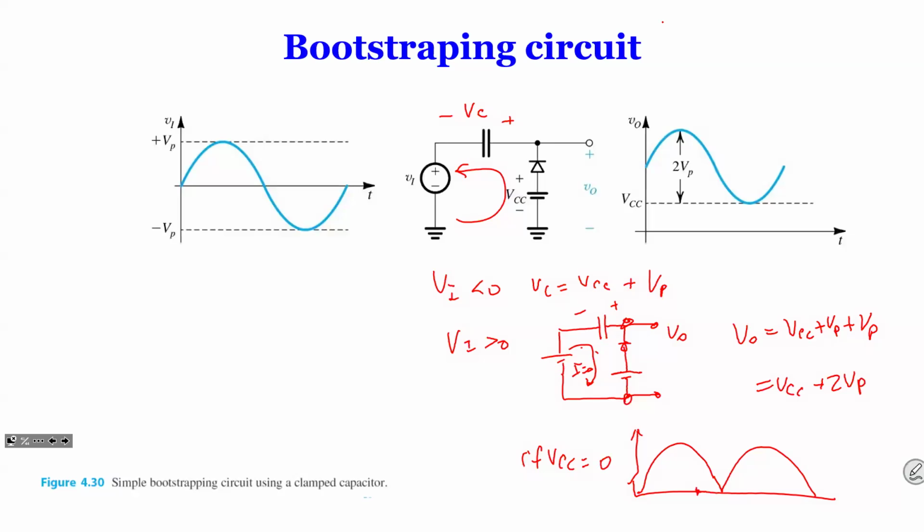Actually, what you're doing is shifting the AC up to a certain value. Oh, no, sorry, this is wrong. I was drawing the rectifier. So this is the waveform that you get if VCC is 0.